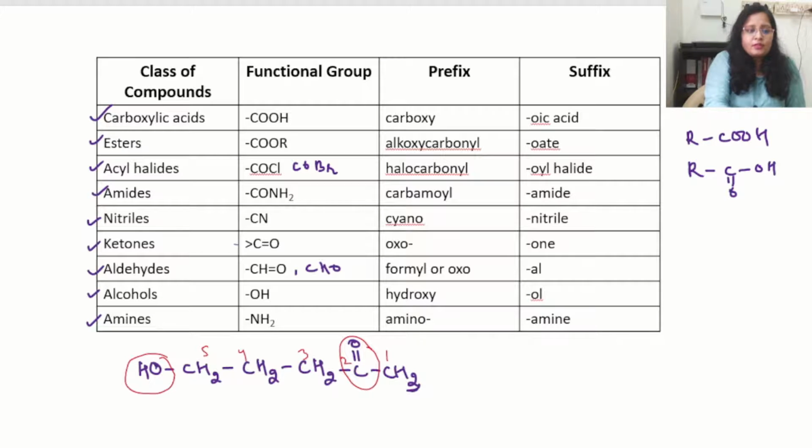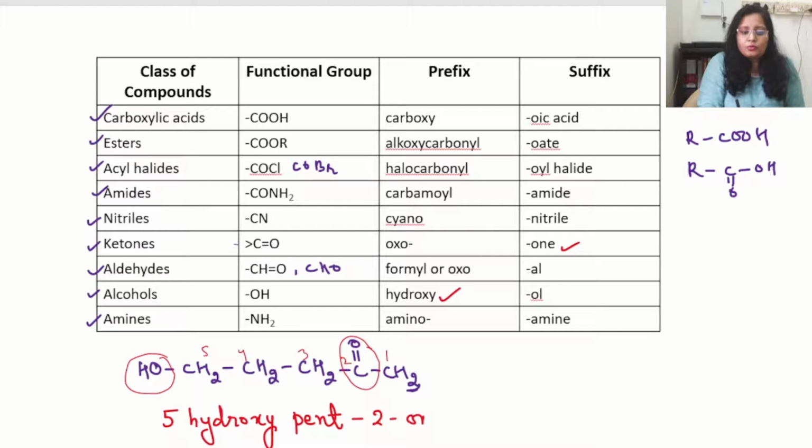On the fifth carbon we have the alcohol group, and because alcohol is written as a prefix, we will name it hydroxy, and for ketone we will use the suffix one. So we write 5-hydroxy, then 5 carbons is pent, then on the second carbon, ketone means one, pentan-2-one.